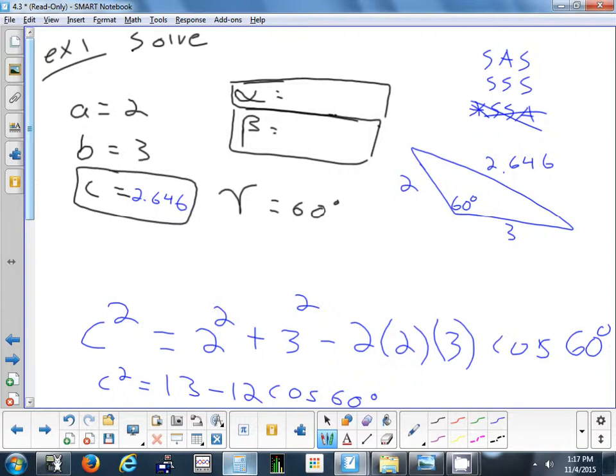But honestly, if I've got C wrong, at this point everything's going to be wrong because I have to use C to find alpha and beta. So side angle side is the type where if you get one thing wrong, probably going to get both other things wrong. The next type is not like that. You can get each part right or wrong separately, which is nice, but not this one. All right, so let's find alpha.